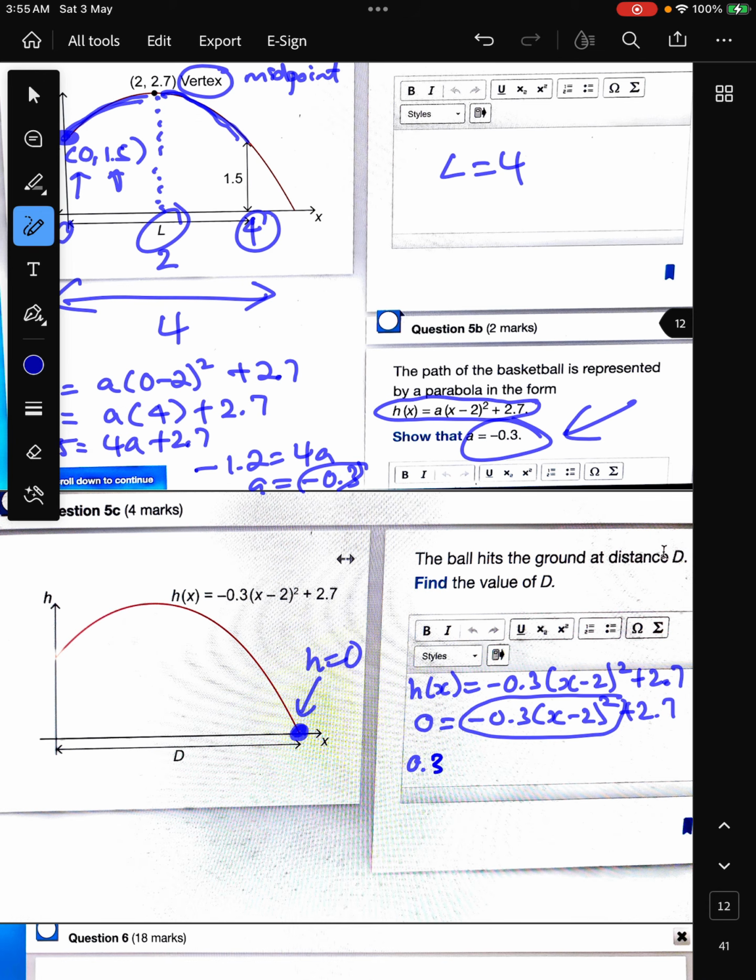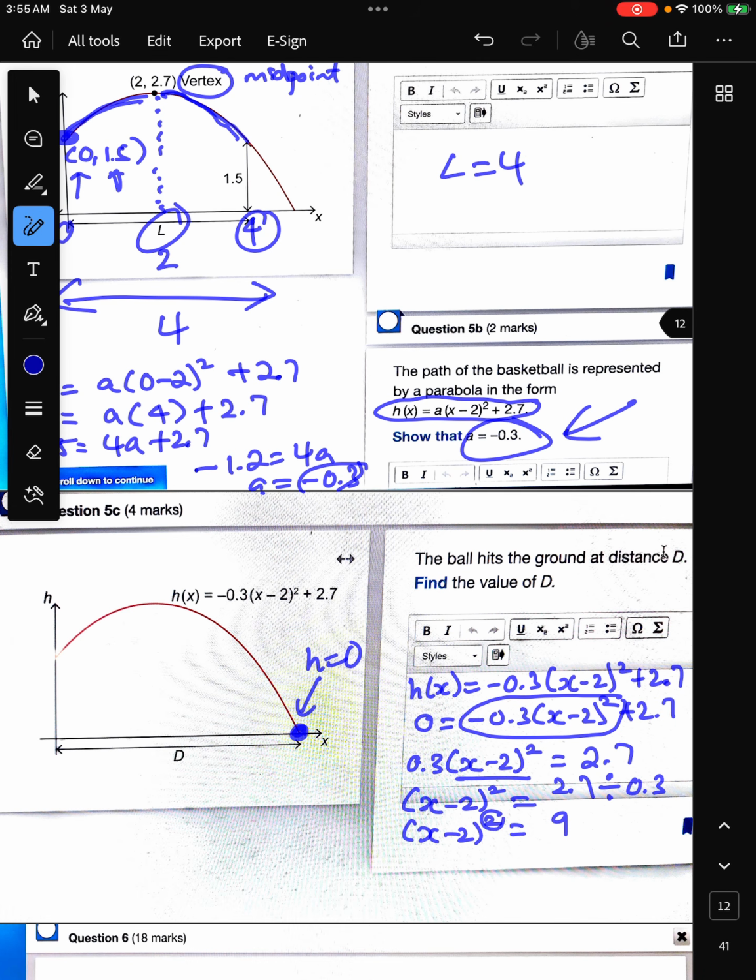So it's 0.3(x minus 2) squared equal to 2.7. I just like to keep things positive. Do not try to expand this yet, because we can do one very nice little step here. I could do (x minus 2) squared equal to 2.7 divided by 0.3. So I'm going to get (x minus 2) squared. That gives me this to be 9.